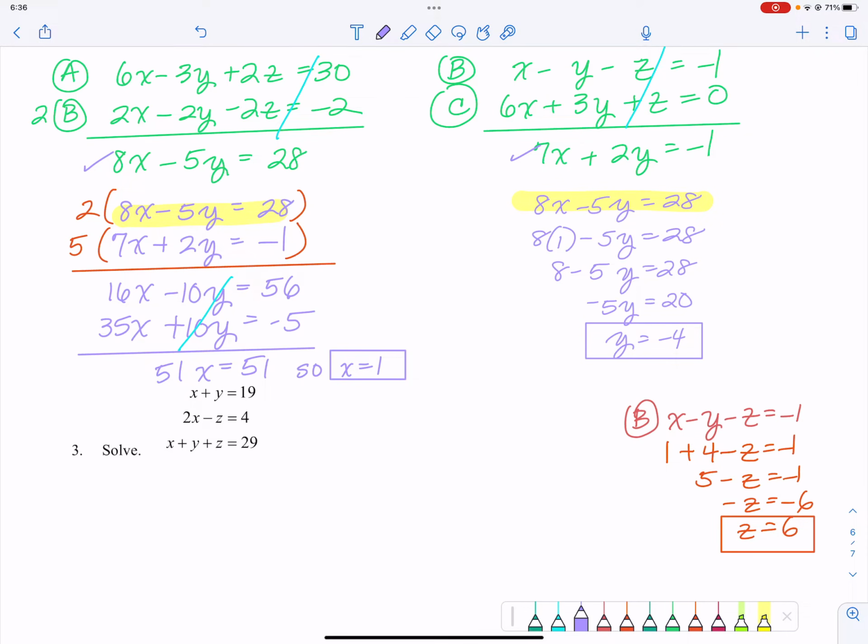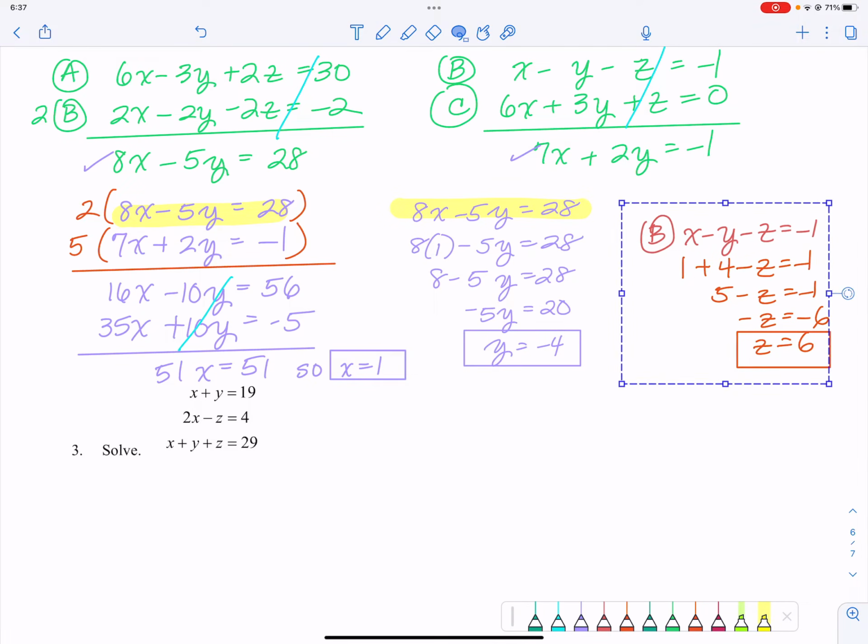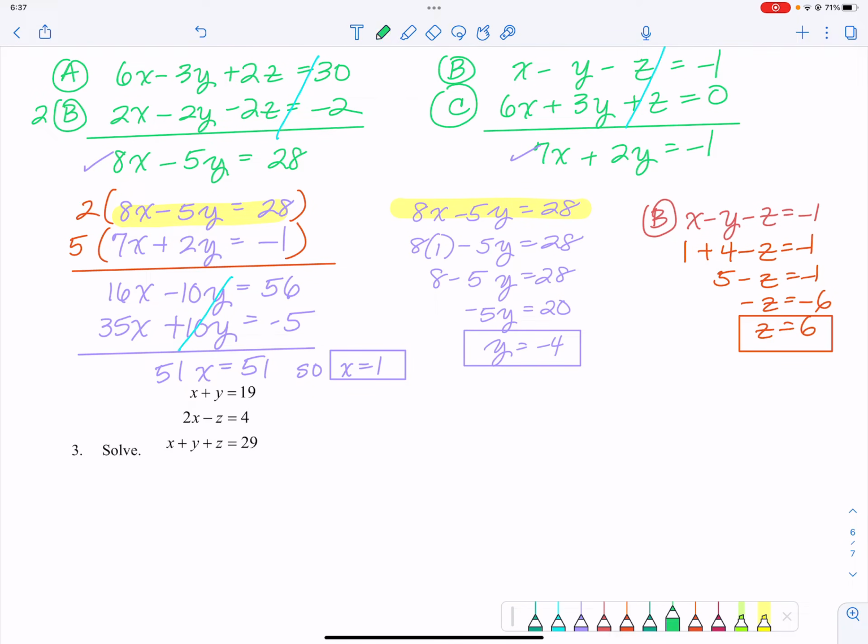There we go. And now I can move this over. And then I can move this up. There we go. And so our solution is 1, negative 4, 6.